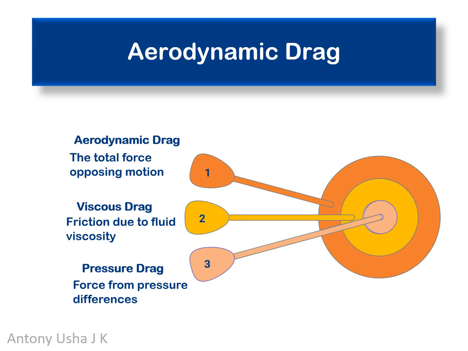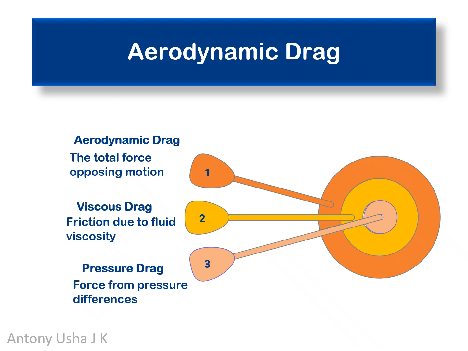Whereas aerodynamic drag is the total force that resists the motion of an object through a fluid like air. This force acts opposite to the direction of movement, slowing the object down. Viscous drag. This type of drag is caused by the friction between the object surface and the fluid.